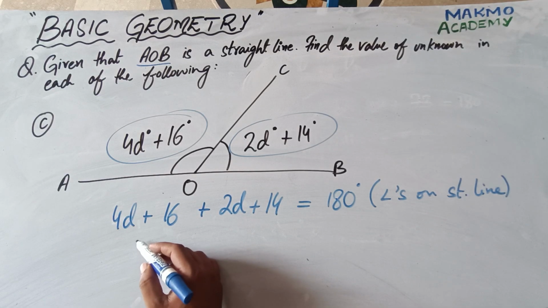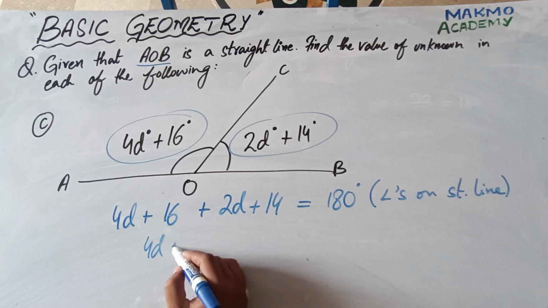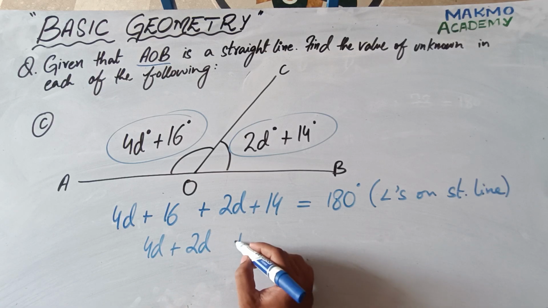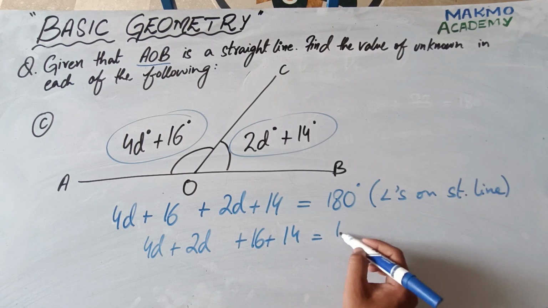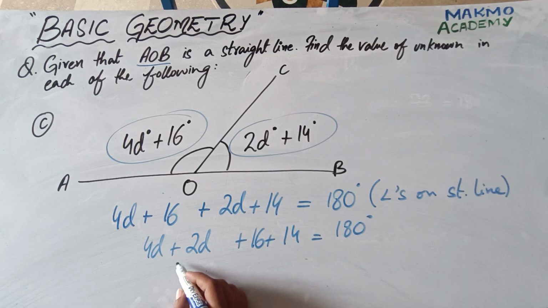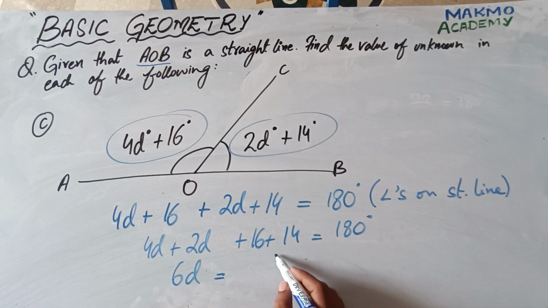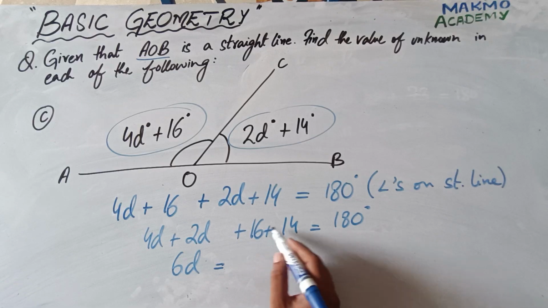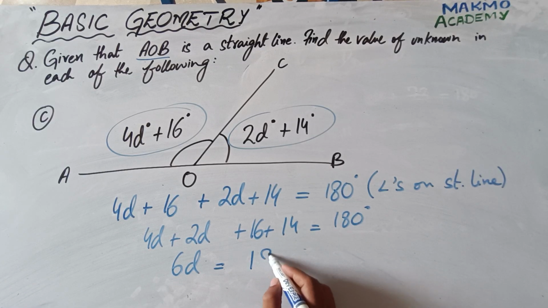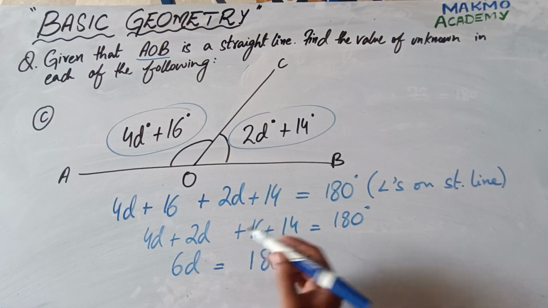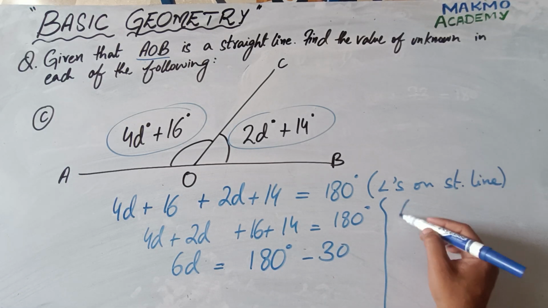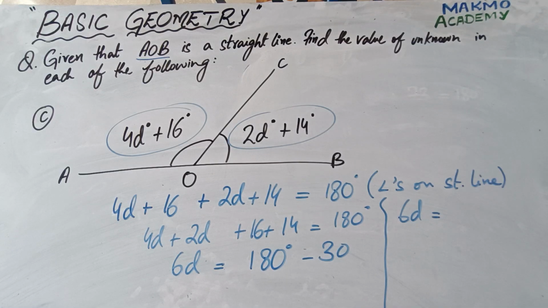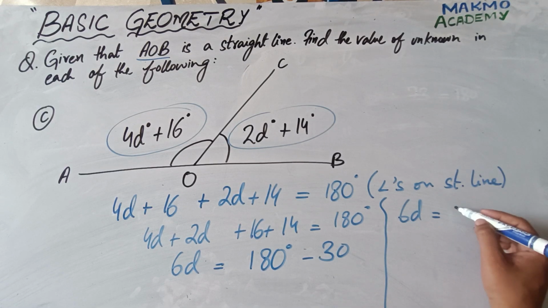Now arrange the like terms and then simplify. 4D plus 2D plus 14 plus 16 is equal to 180. So 4D plus 2D would be 6D, and 14 plus 16 would be 30, and this 30 will go over there and will be subtracted. So this gives us 6D is equal to 150.